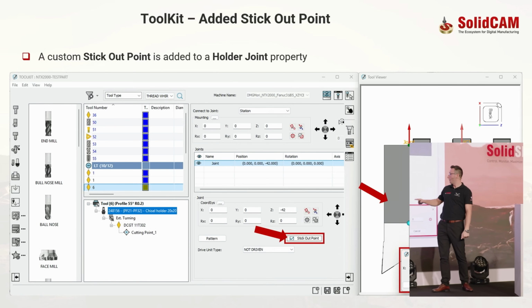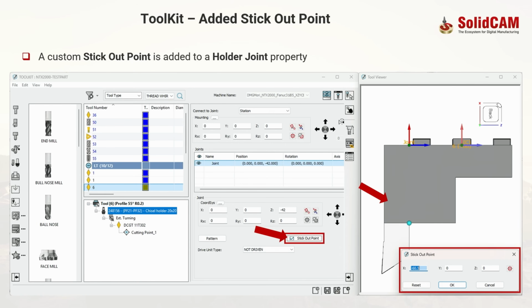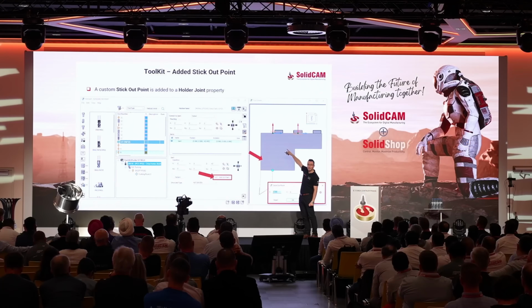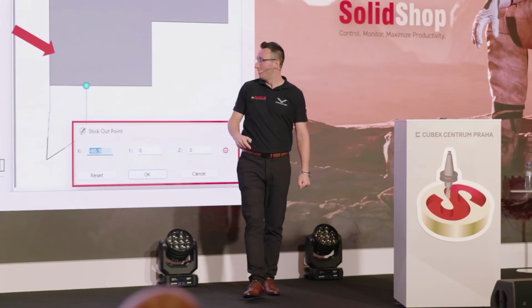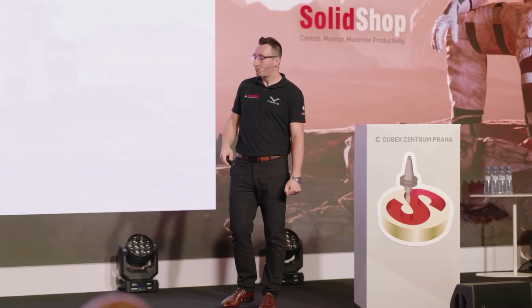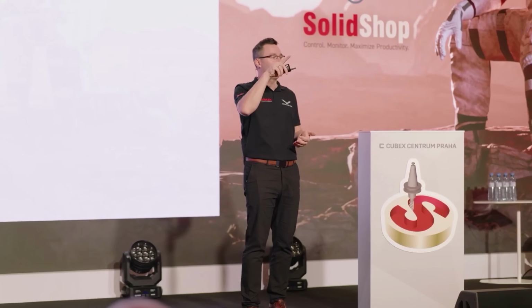So what we created is, for every holder, you have an option to define your custom stick out point. So as you can see here in this example, my joint is defined at the top, but this is not my stick out point. My stick out point is over there. So now you have an option to define the stick out point, and in parallel with that, when you go to the shank, we have an icon there. I'm going to show you that feature tomorrow.